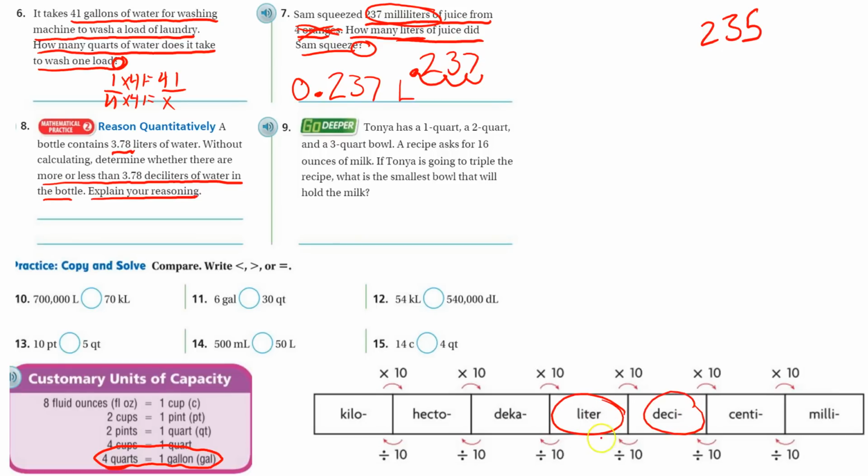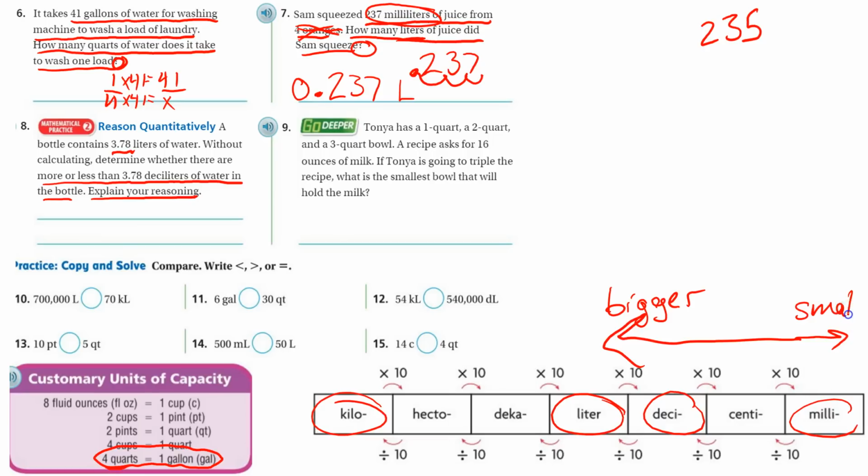Liters are bigger, because a kilometer is the biggest and a milliliter is the smallest, so as you go this way, you're getting smaller. Since the two numbers are exactly the same, we just have to look at deciliters and liters. The liters is larger.